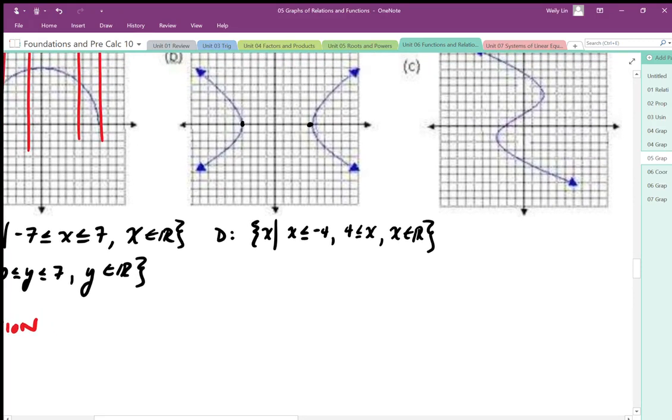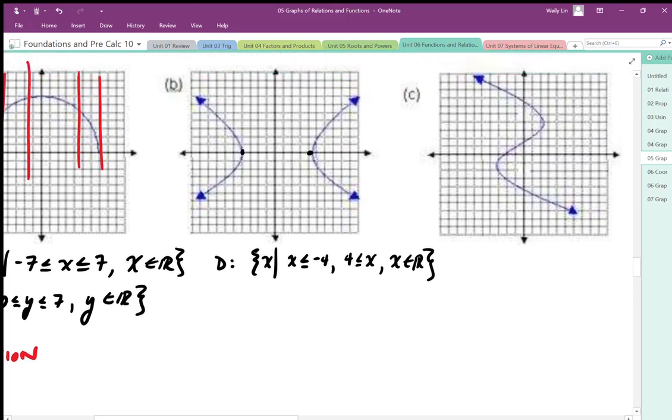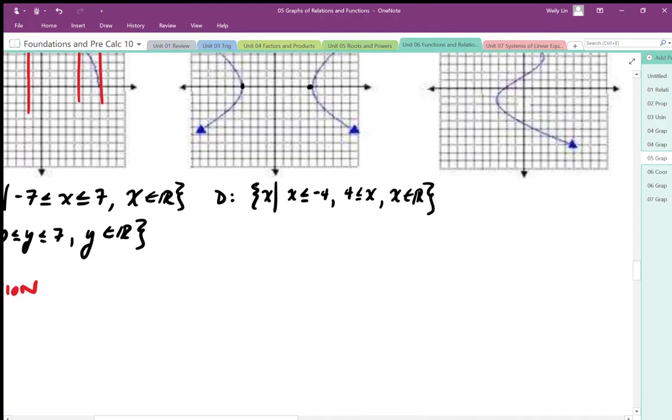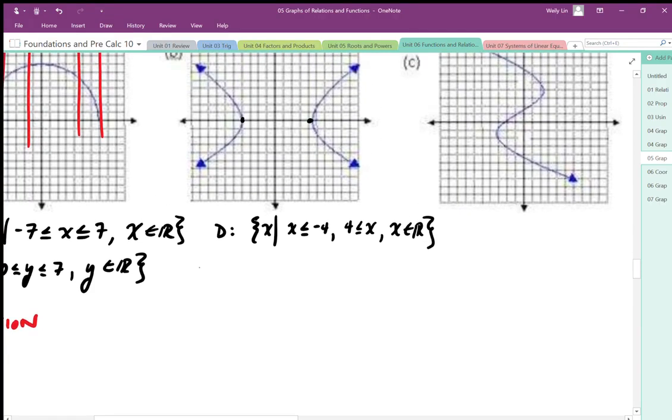My range, it looks like it goes from 0 all the way to infinity, on both sides. So our range is going to be that Y can take on any value. So Y is basically all real numbers and it's continuous.